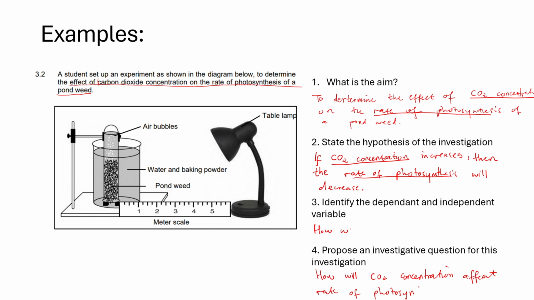So now you can see this is still the same thing as the aim, but then it is a question. That's why we say it is an investigative question. So you put a question mark at the end, but you always mention these variables that are found in the aim: carbon dioxide concentration as well as rates of photosynthesis.